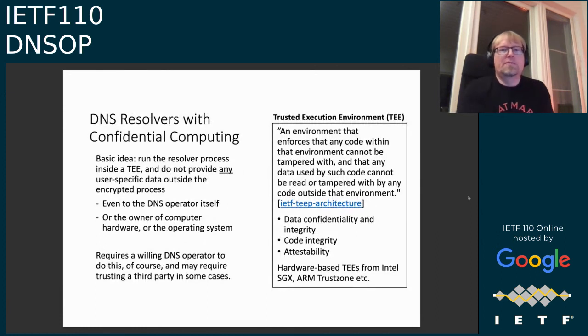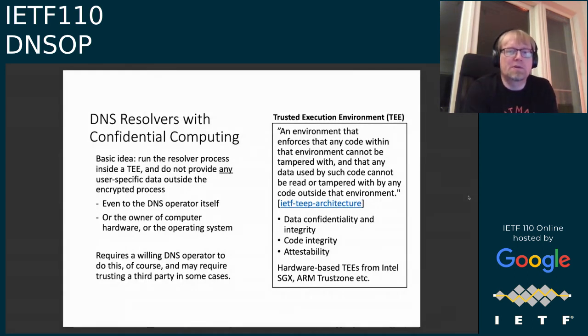So I'm not going to go into too much of the details. I think many of you know the basic things, but this is basically about using these trusted execution environments, or TEEs. That's the ability to create processes inside computers that are entirely encrypted, even when they write to local memory and so on. You can't actually see what's going on. Even the operating system or the owner of the computer can't see that.